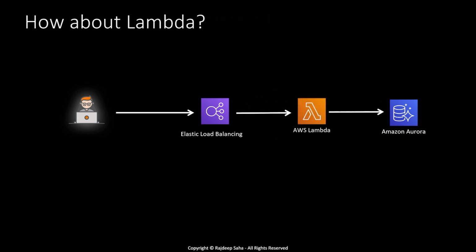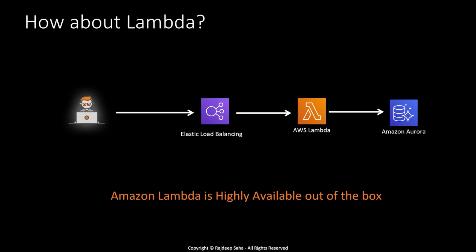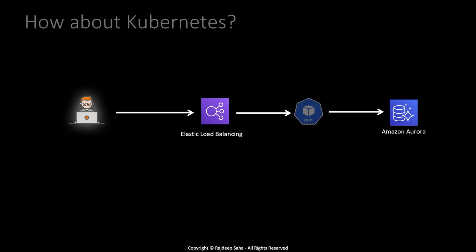So on that note, you might get the question, how about Lambda? So Lambda is highly available out of the box. You do not need to deploy multiple Lambdas for the same application code. And again, highly available out of the box means under the hood, this service is deployed into multiple availability zones. So another very popular technology right now, Kubernetes.